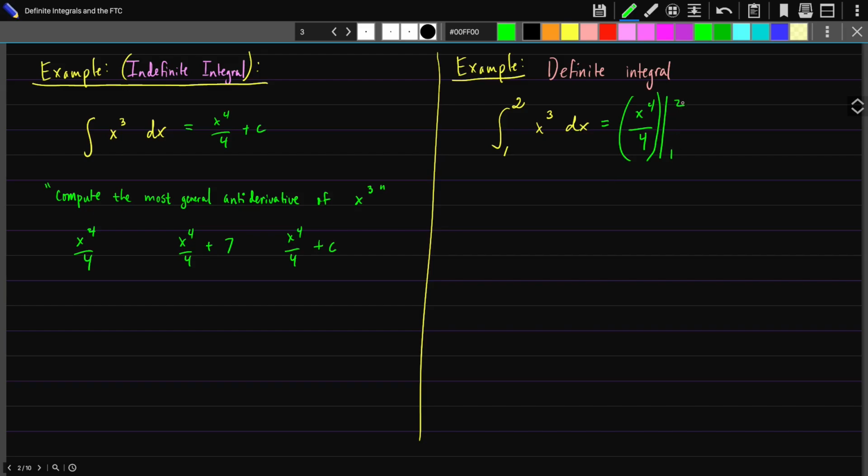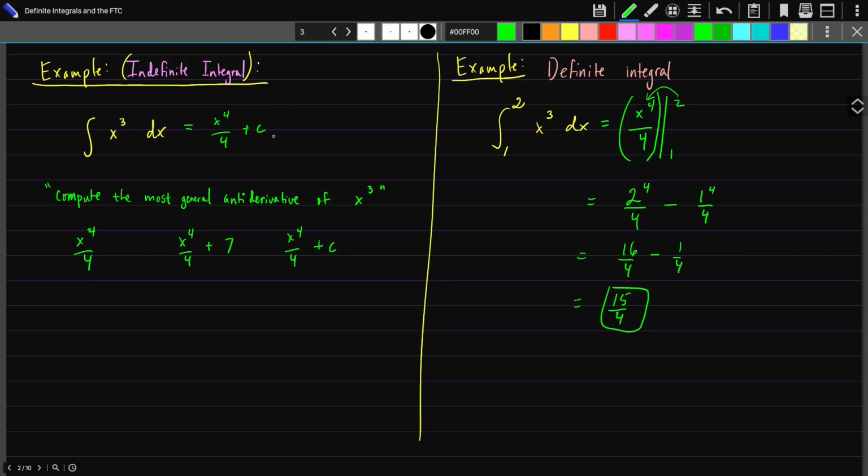We evaluate at the top point and then at the bottom point, and we subtract the bottom one from the top one. So that looks like the following: 2 to the fourth over 4, because we have x to the fourth and we're just plugging in 2 for x, minus 1 to the fourth over 4. And so our final answer for this would be 15 over 4. So the answer to this is a number. The answer to this is a function and an arbitrary constant.